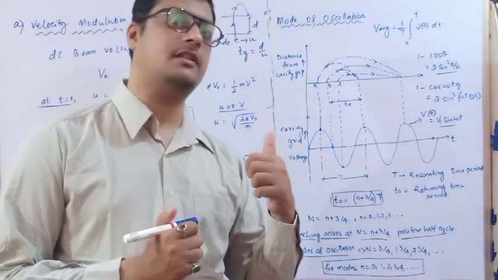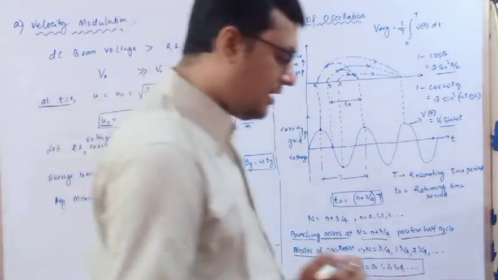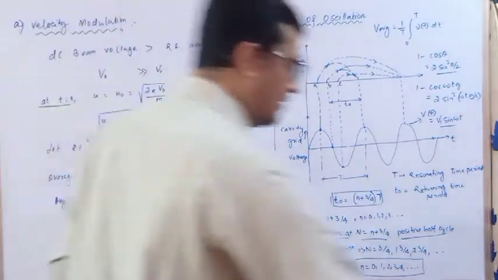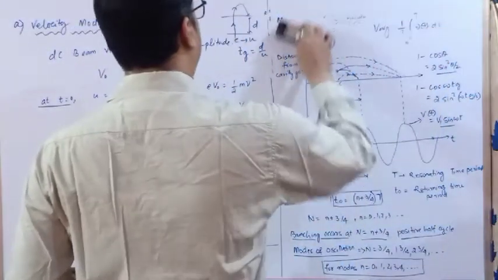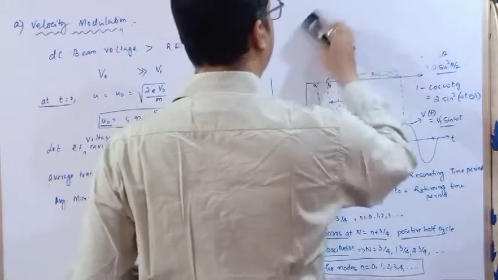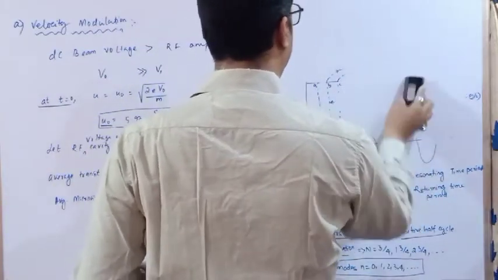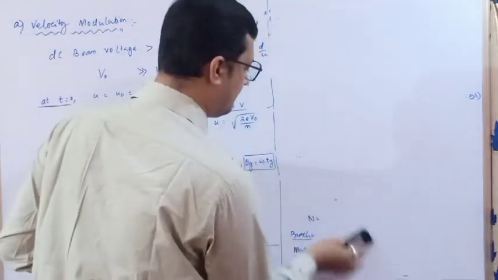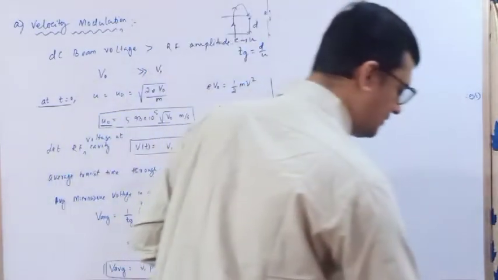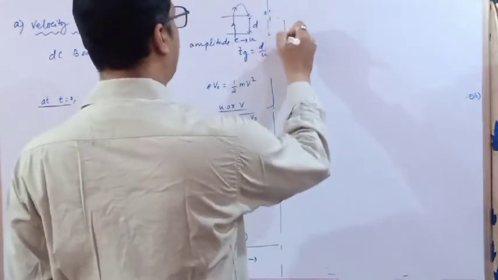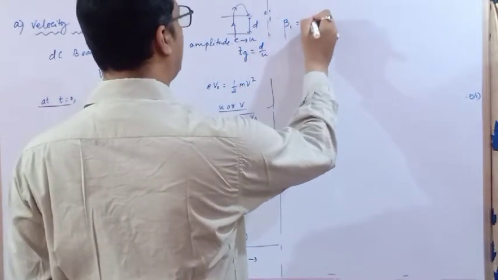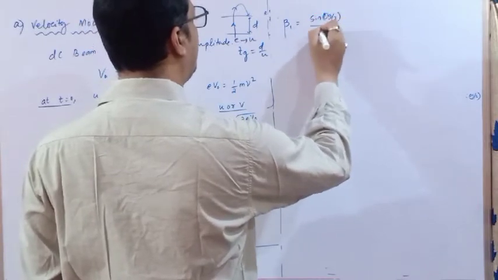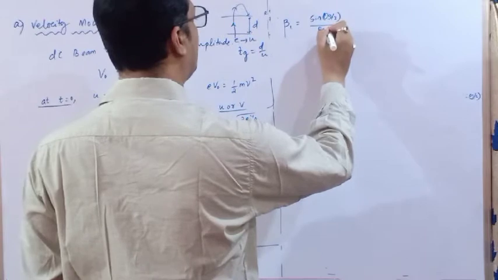Okay, so this is the first term. Beta 1 is called the beam coupling coefficient. So here beta 1 is equal to sine theta g by 2 divided by theta g by 2.